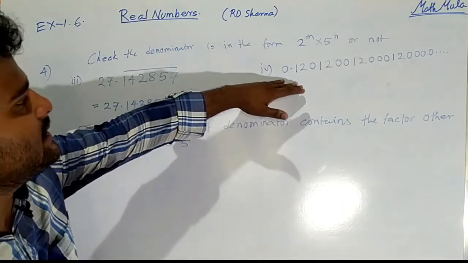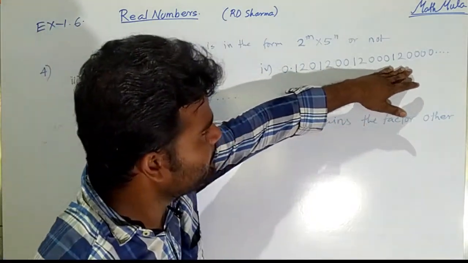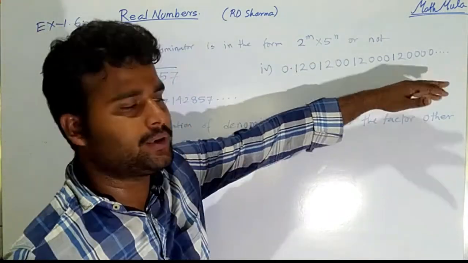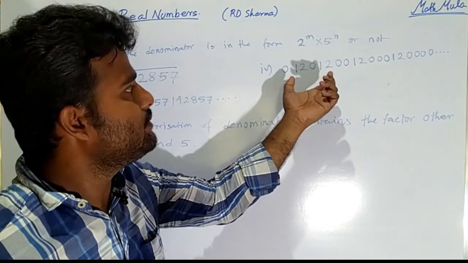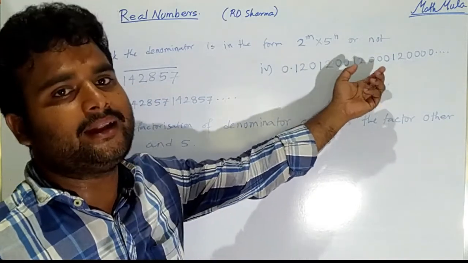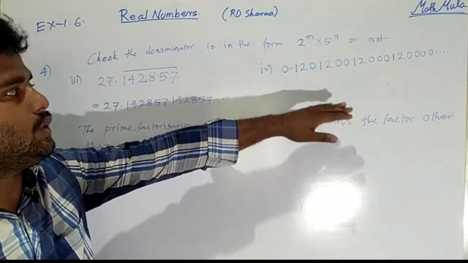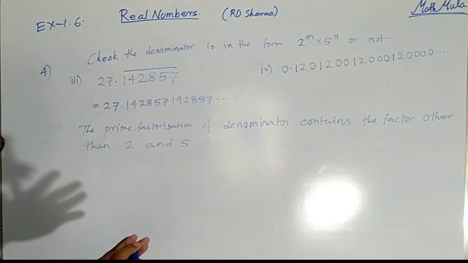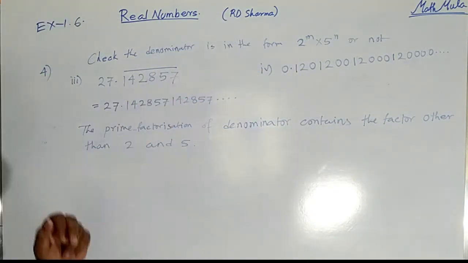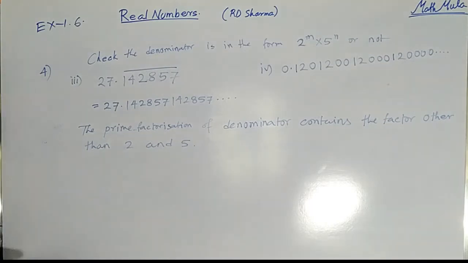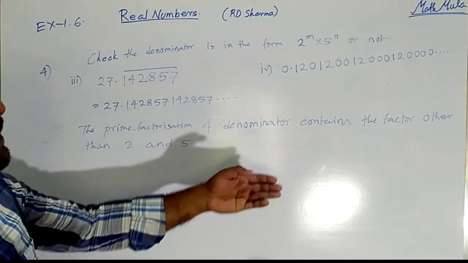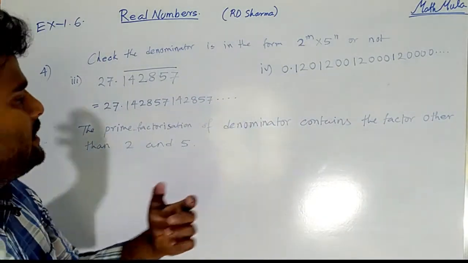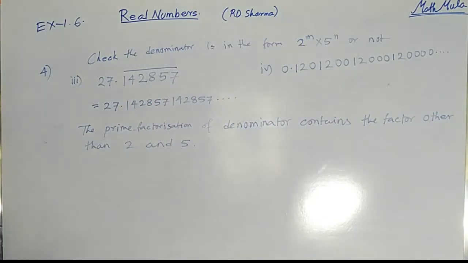Now for the second sum, the decimal expansion is non-terminating and non-repeating because there is no block which is repeated again and again. So this is not a rational number, this is an irrational number, and the denominator is not of the form 2 to the power m into 5 to the power n. Similarly, we can say the denominator of this decimal expansion contains a factor other than 2 and 5. That's it.